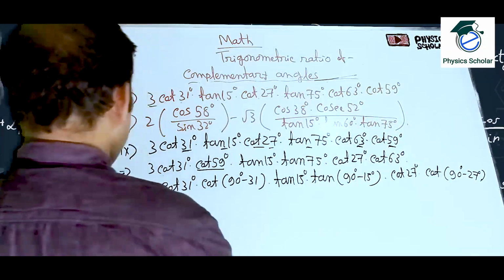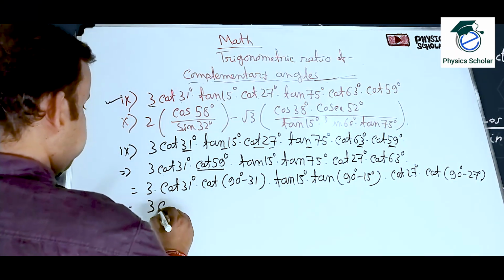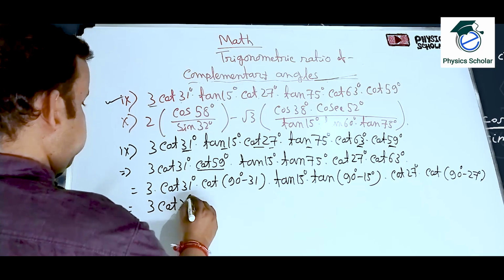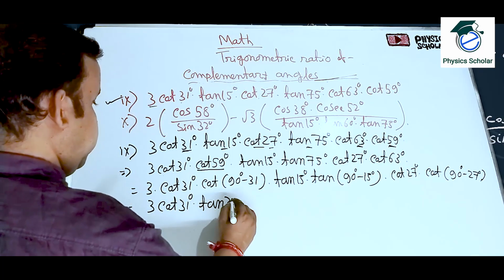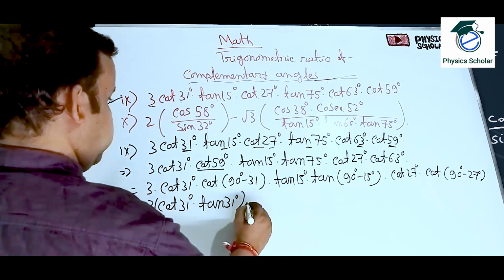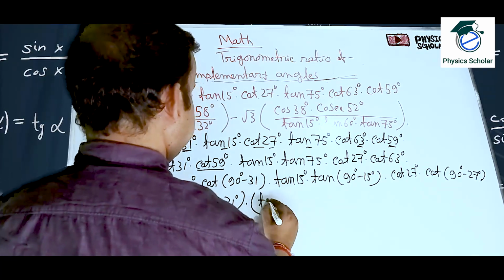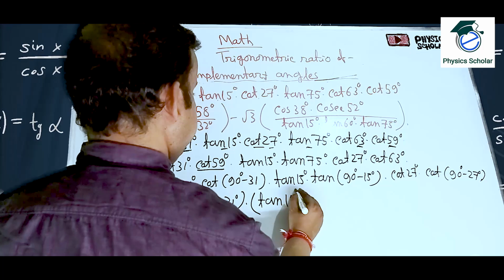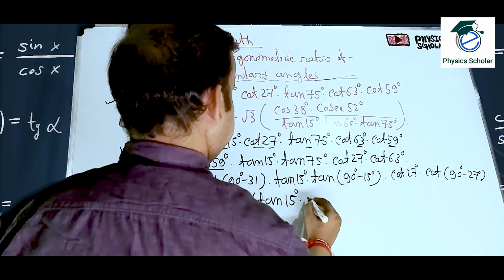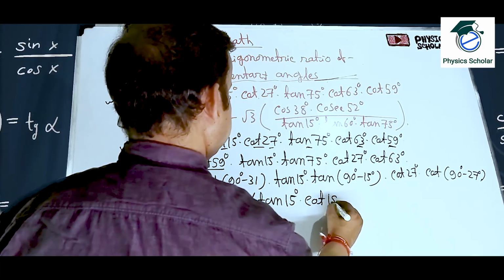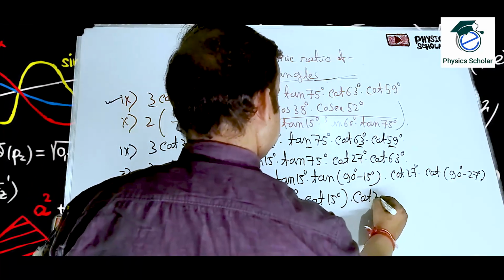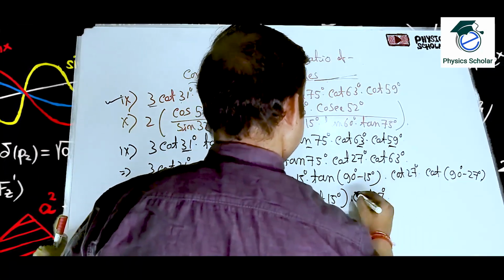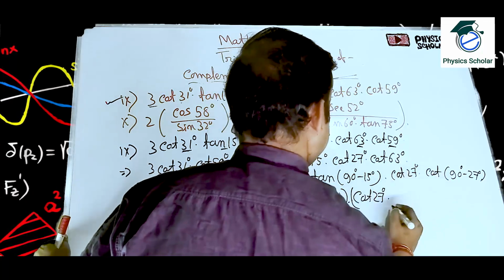Clear? So, now what we can write? 3 cot 31 degree into cot 90 minus theta, which means what? Tan 31 degree. Clear? Into tan 15 degree into tan 90 minus theta, which means what? Cot 15 degree into cot 27 degree into cot 90 minus theta, which means what?